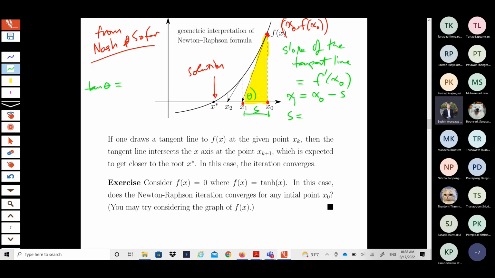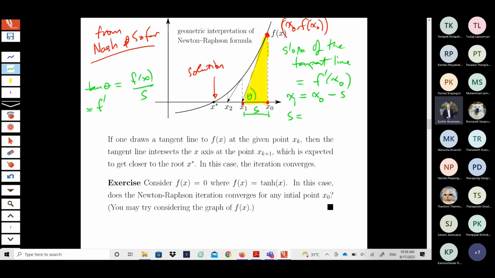Tan theta is equal to f(x naught) divided by S, right?